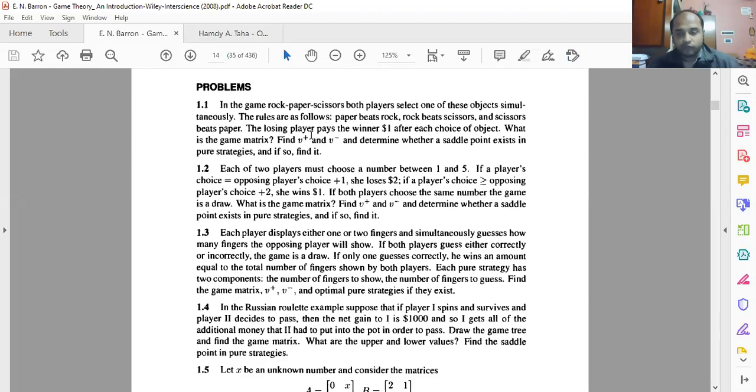Now, John Nash was the economist, Nobel laureate, and he got his Nobel Prize in economics for Nash equilibrium, which is one of the most important topics of game theory, and it is there in the Barron's book, but unfortunately not in the syllabus. So if sometimes in your life you think that, okay, I have to know what Nash equilibrium is, then I'm referring this book to you, and you can discuss anytime with me.